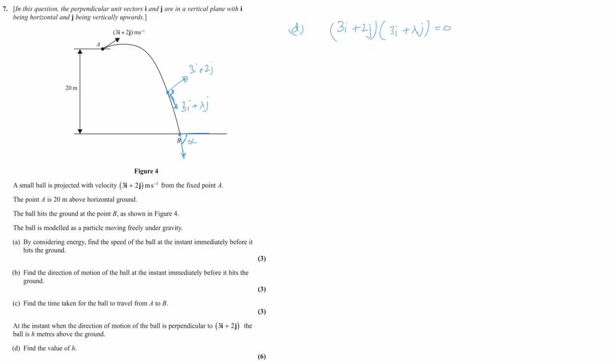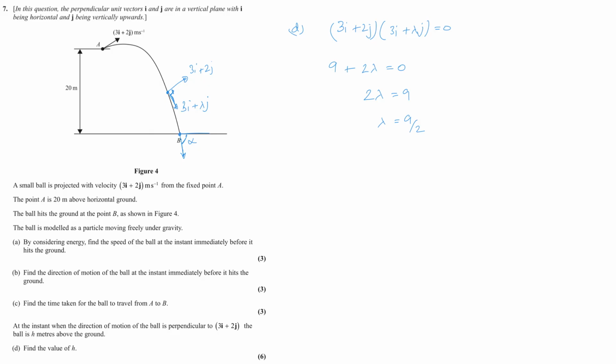So in this case, it's 3i times 3i, so it's 9 plus 2 lambda equals 0. So 2 lambda equals minus 9, lambda equals minus 9 over 2.